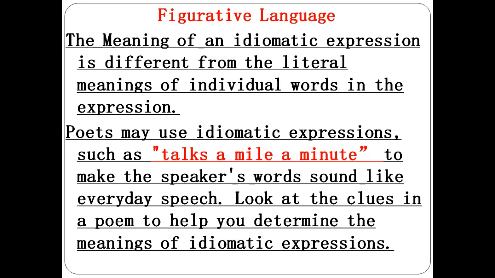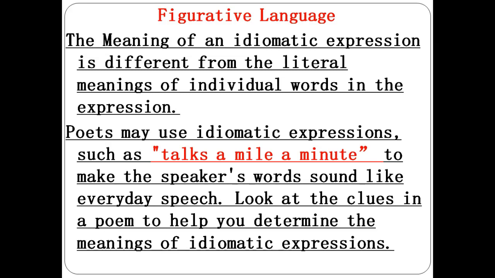Poets may use idiomatic expressions such as, for example, talks a mile a minute. This is an idiomatic expression. We can't take the literal meaning, the exact meaning of the words, because it's used as an idiom.